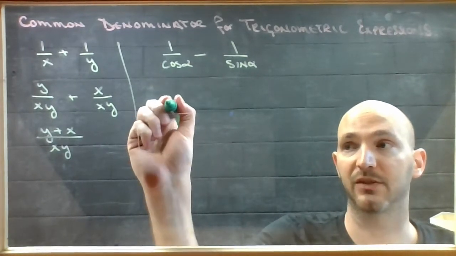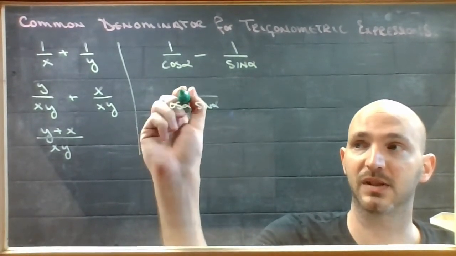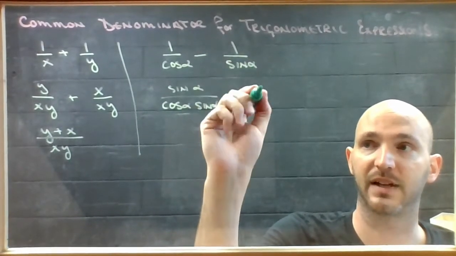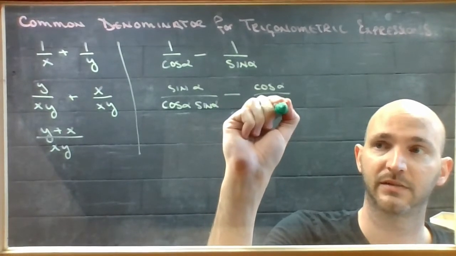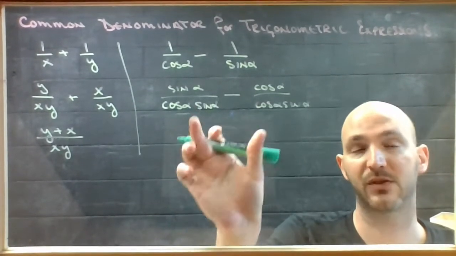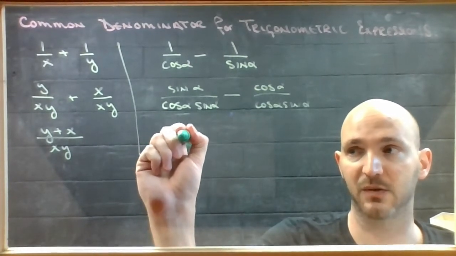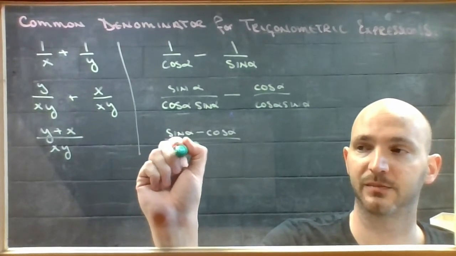This one would match if it had a sine, so I'll introduce that on both sides of the division symbol. This one would match if I introduce the cosine on both sides. Now I have two fractions with identical denominators, so I can write them as a single fraction, like so.